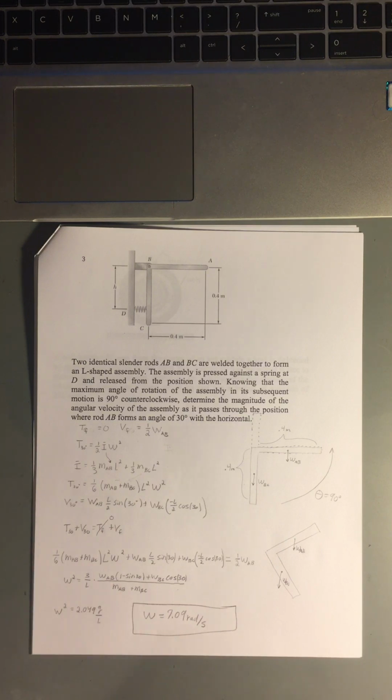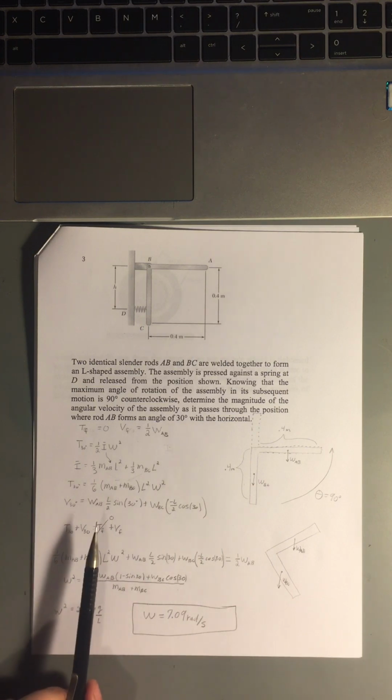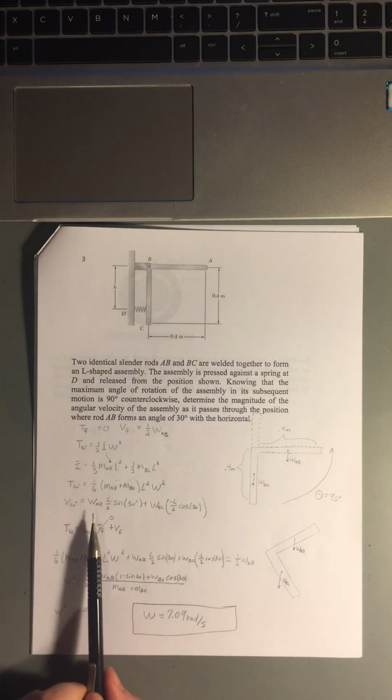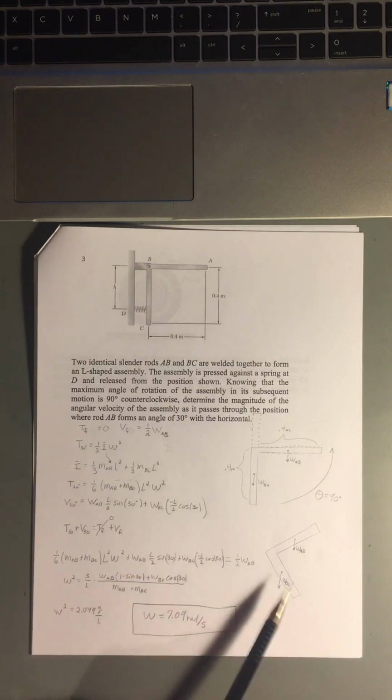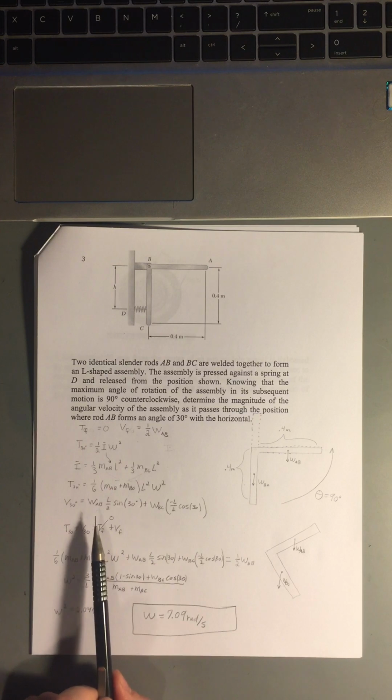As far as the potential energy at this 30-degree angle, we have to take that angle into account, and so we have our weight for both rods. So once again, we have to find the potential energy of each of these rods and then add them together.